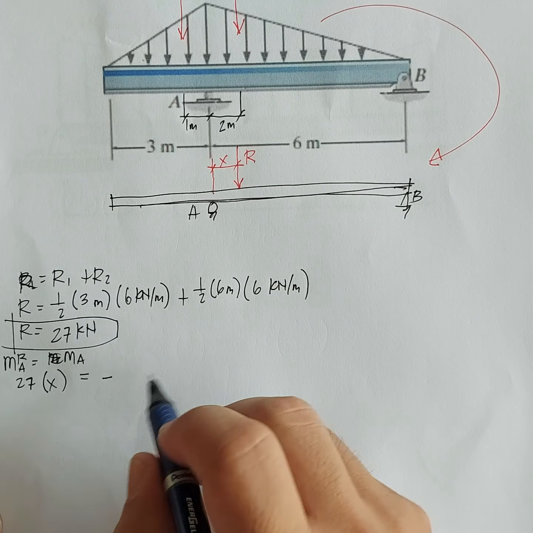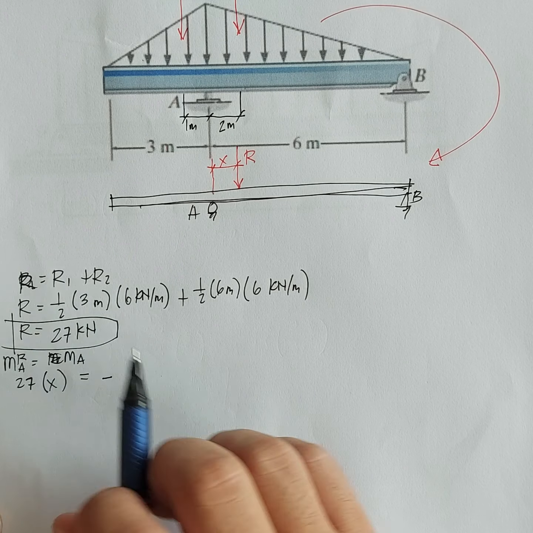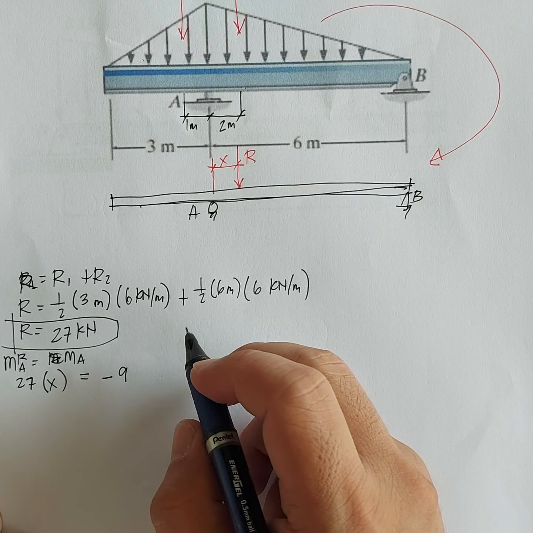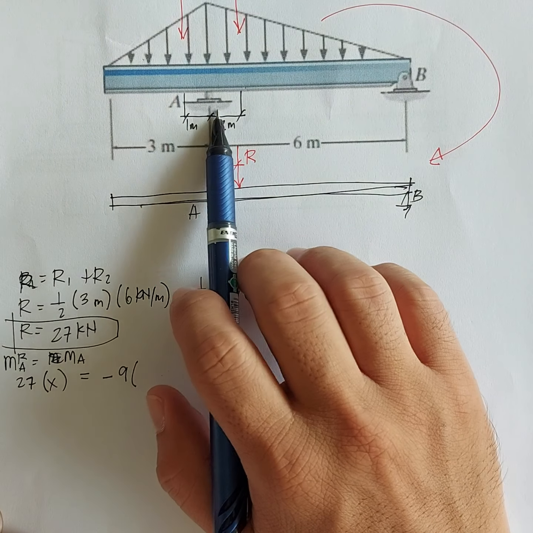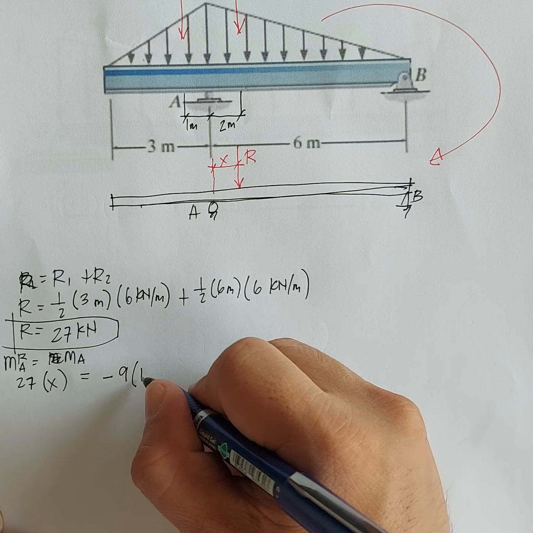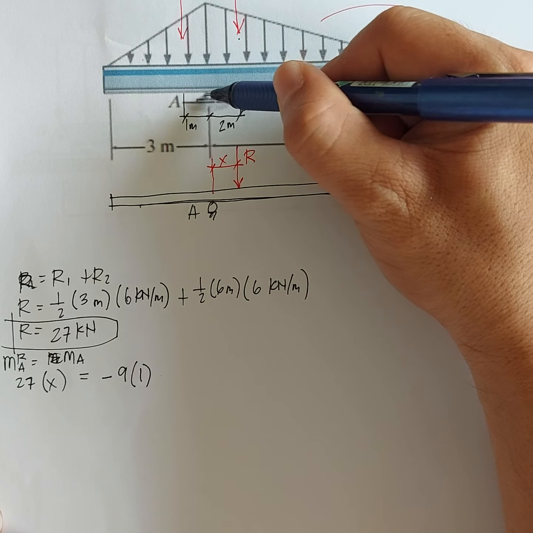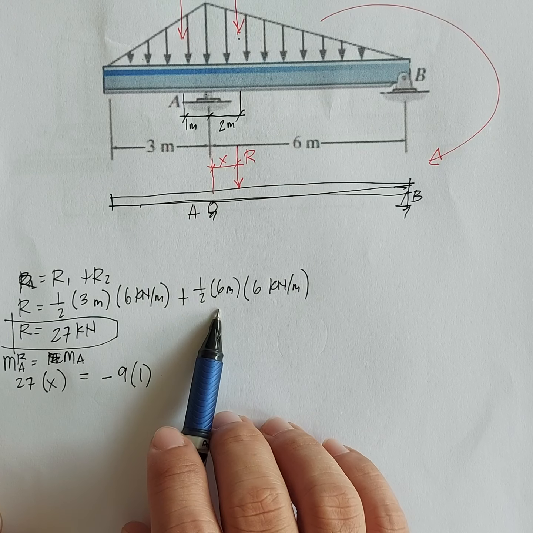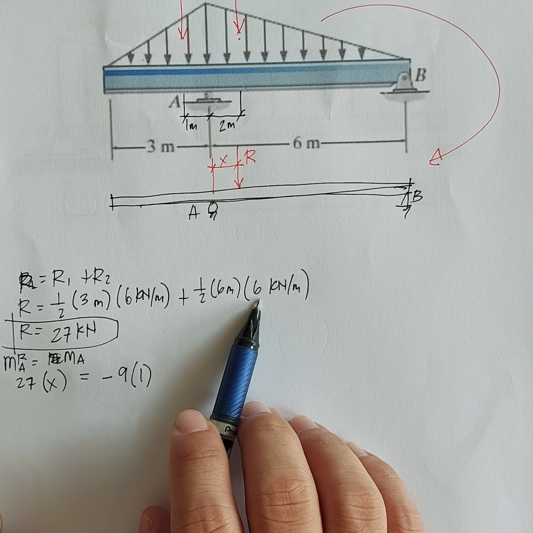What is R1? It's 3 times 6, that is 18, divided by 2, that's 9 kilonewtons, times its moment arm from A, which is 1 meter. And then the moment of R2 about A. R2 is 6 times 6 divided by 2, that is 18 kilonewtons.